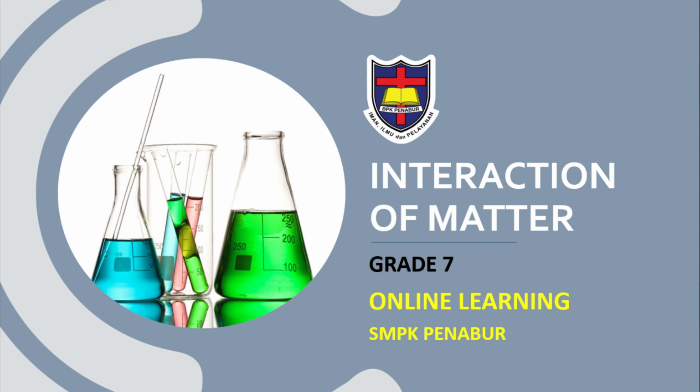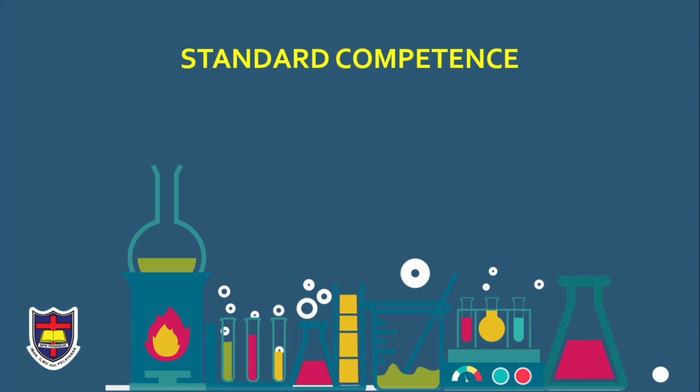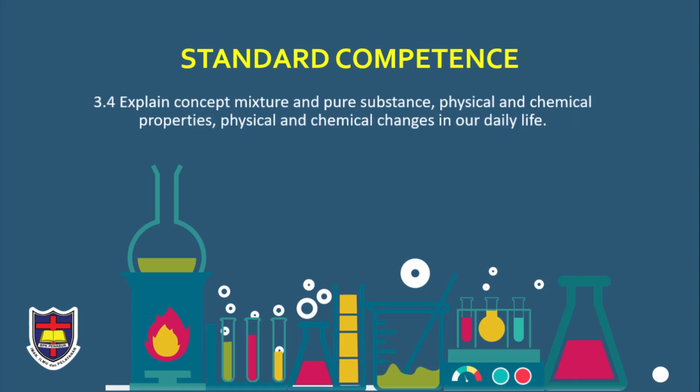As you can see, it's about interaction of matter. Standard competence 3.4: explain the concept of mixture and pure substance, physical and chemical properties, physical and chemical changes in our daily life.